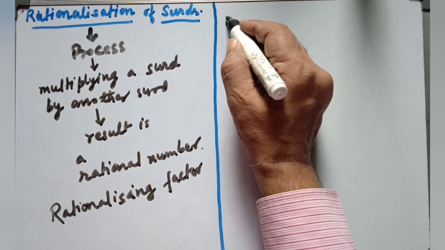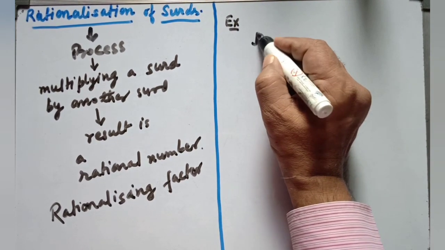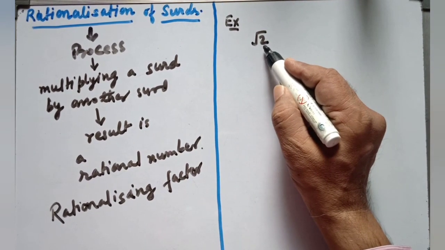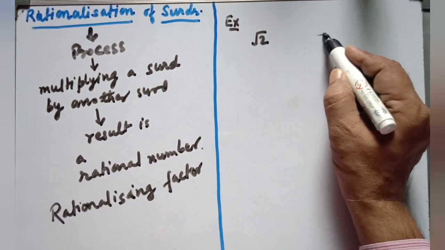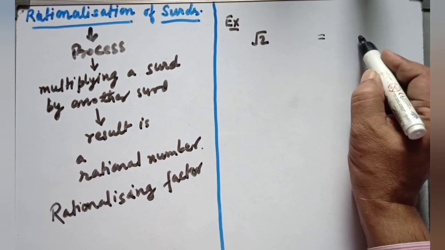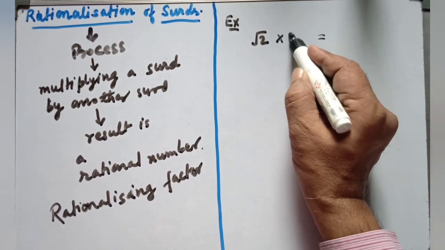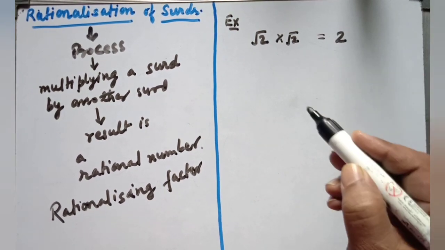So for example, if we see root 2, if you multiply it by another surd so that the result is a rational number, you can very easily find that if we multiply this by root 2 we get the result 2.